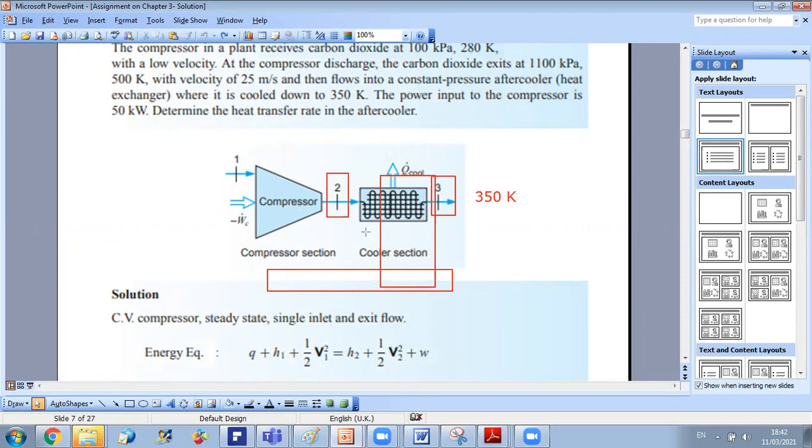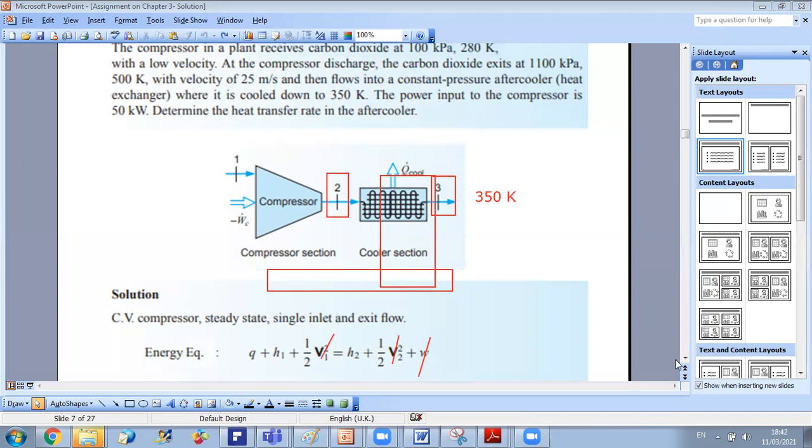For the cooler section, no w. And since they didn't mention anything about velocity, I will consider that velocity is not changing. So for the cooler section, my equation simplifies to Q plus H2 equals H3.